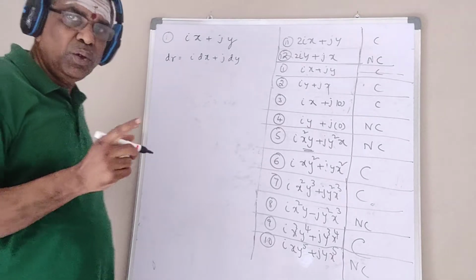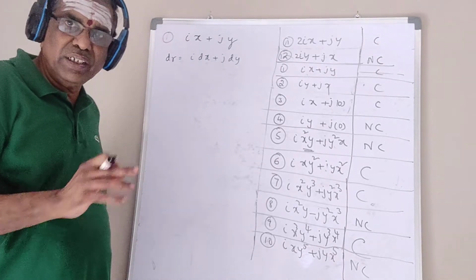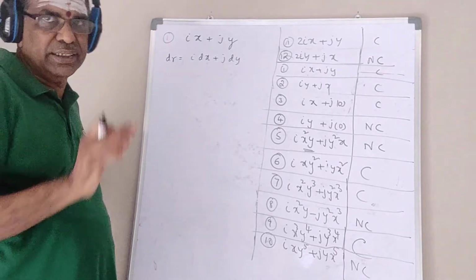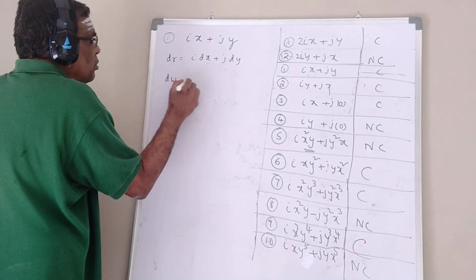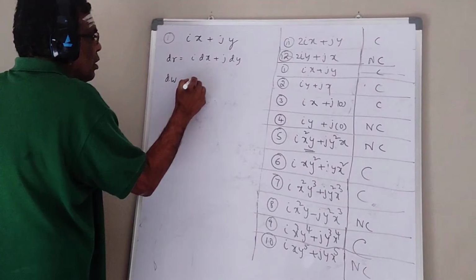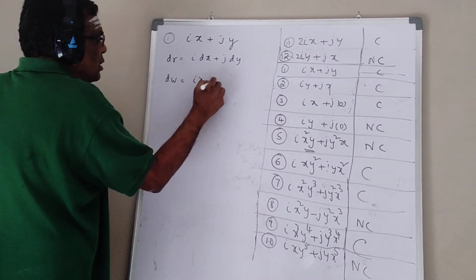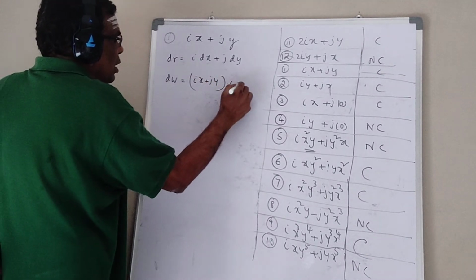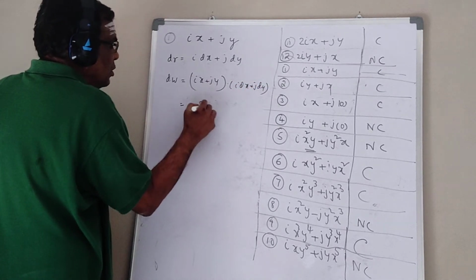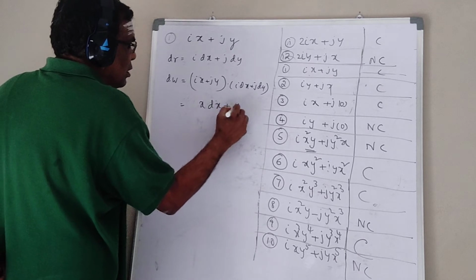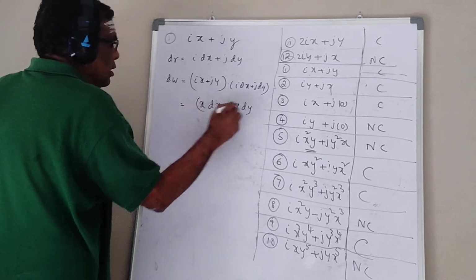I will tell you how to get the work done out of this in two ways. First of all, dW is (ix + jy)·(i dx + j dy). So you got x dx + y dy.